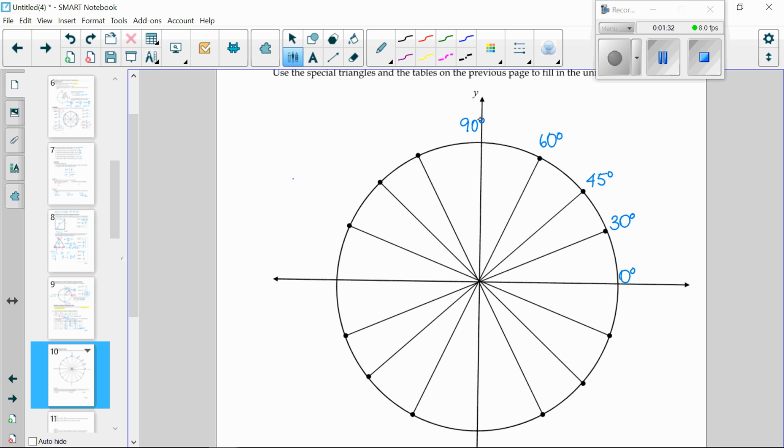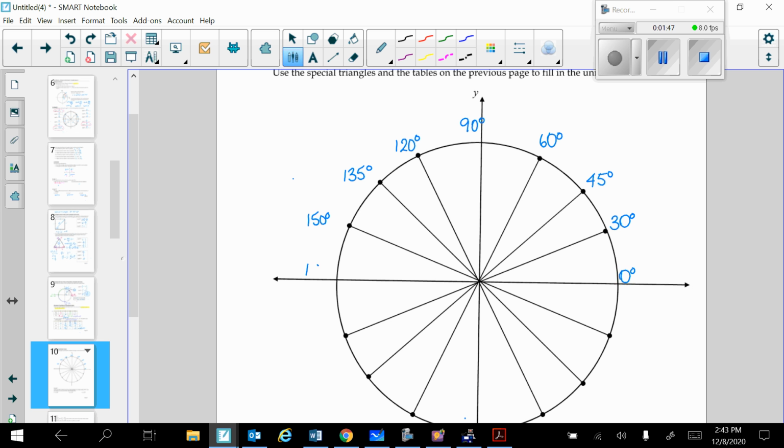Over here, I'm going to have 120 degrees, 135 degrees, I'm going to have 150 degrees right here, and this is going to be 180.